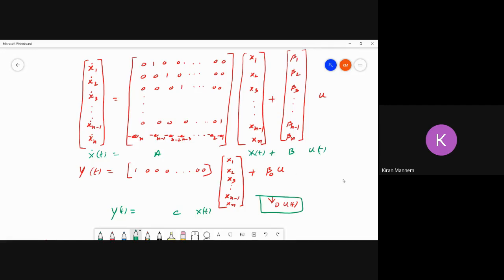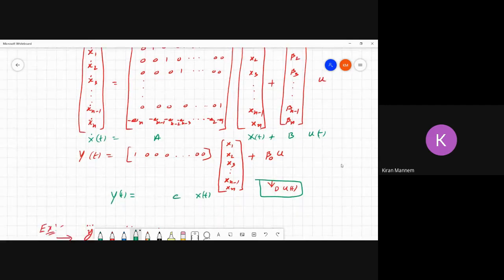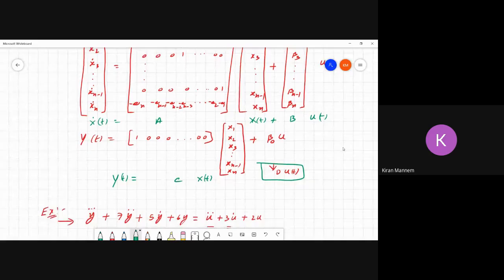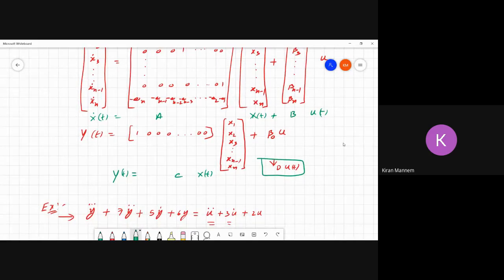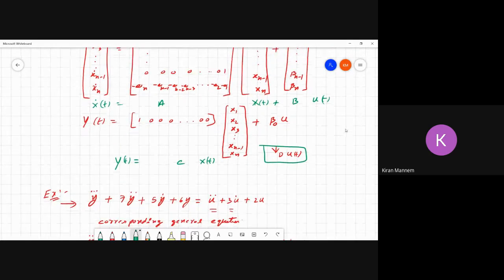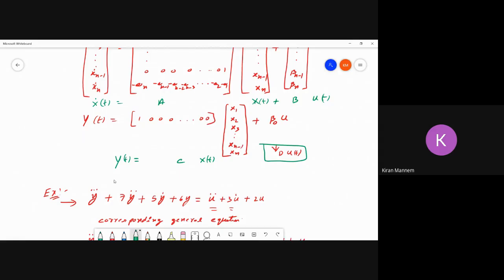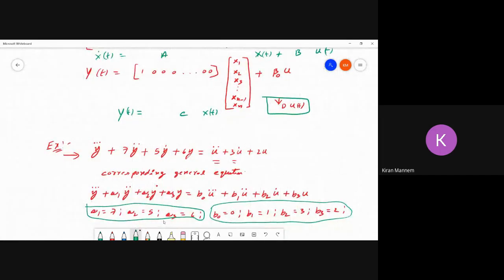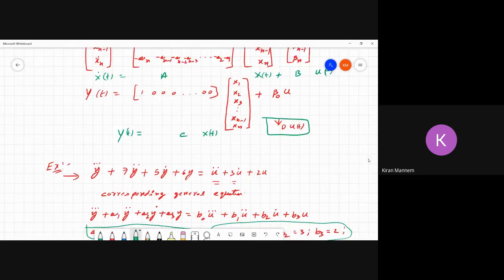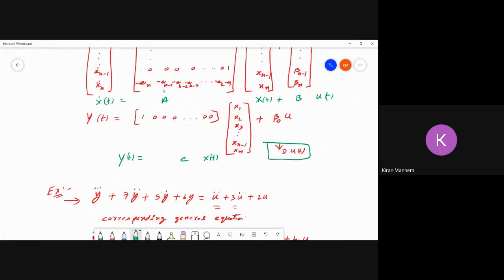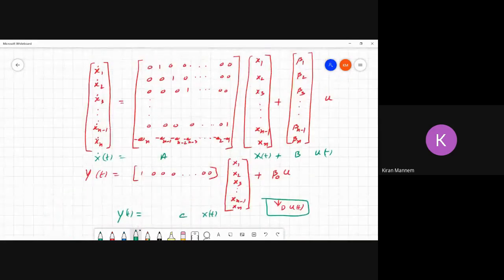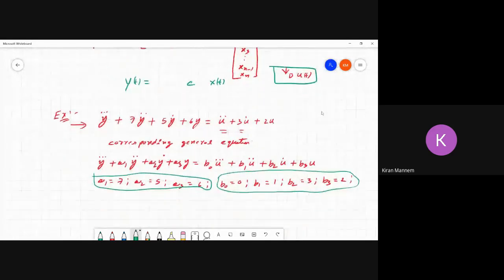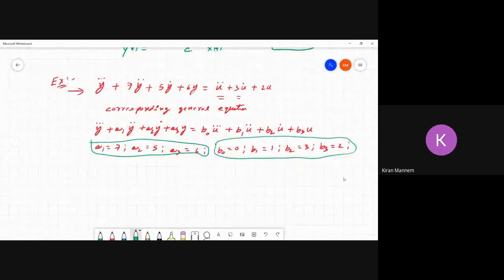I know the A values, so that is An to A1. So how many state variables are required? It depends on the order of the equation. So we have three variables. So that's why you have A1, A2, A3. So what is this? Minus A3, minus A2, minus A1. Okay. So I'll write the general equation. Later we'll find the corresponding values.